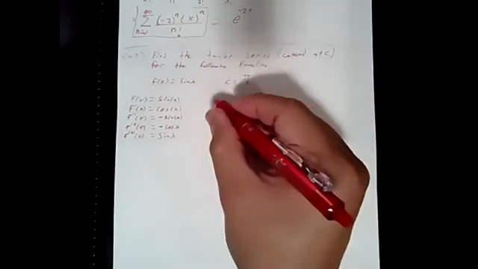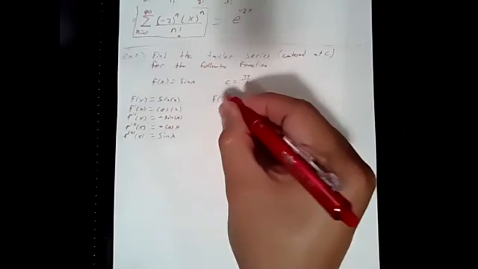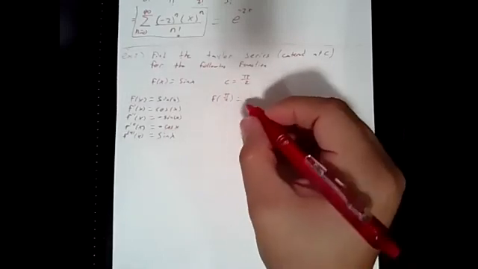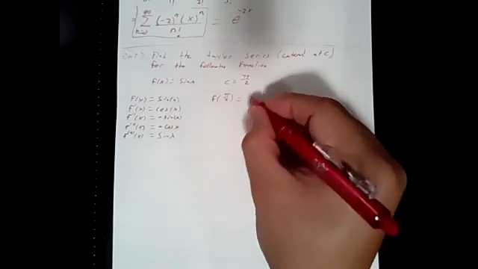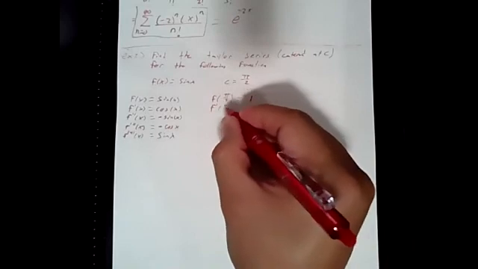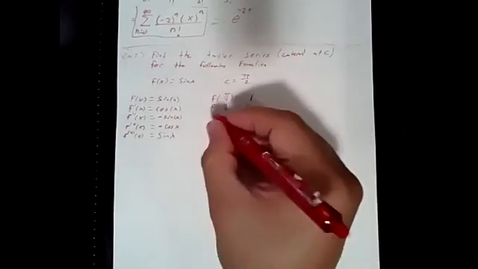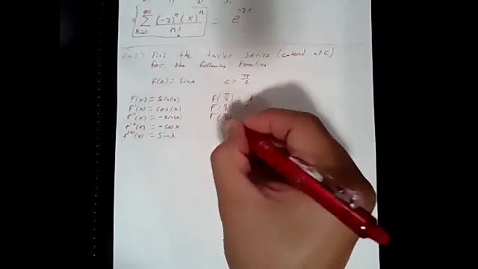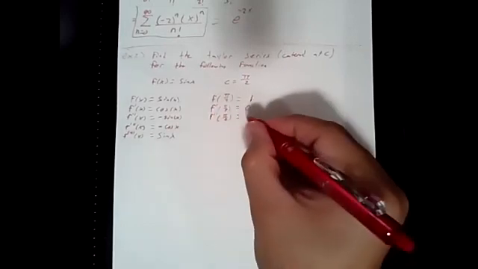So let's go ahead and plug in pi over 2, because that's where we're centered. f of pi over 2 for sine, that's going to be 1. The first derivative at pi over 2 will be 0. The second derivative at pi over 2 will be negative 1.